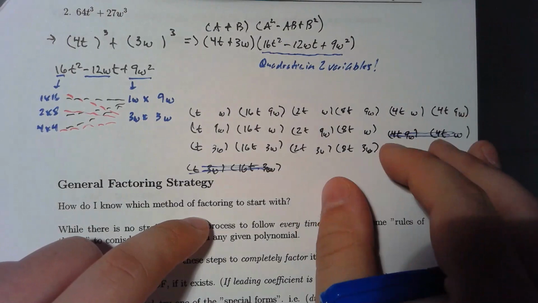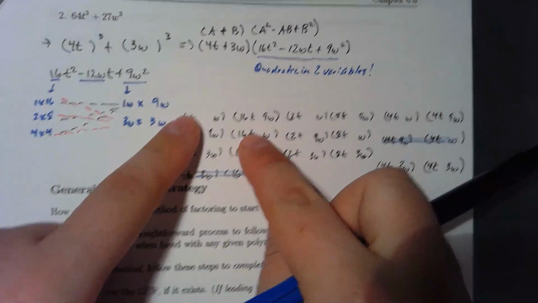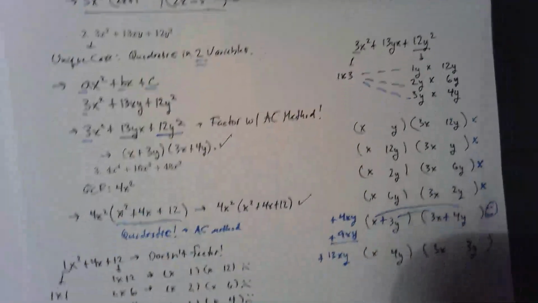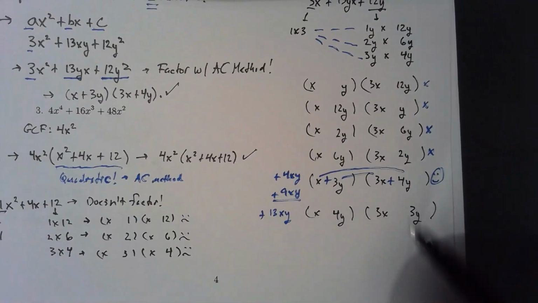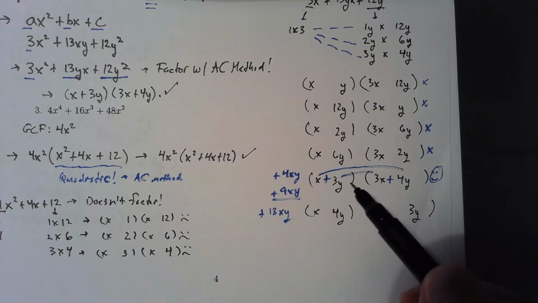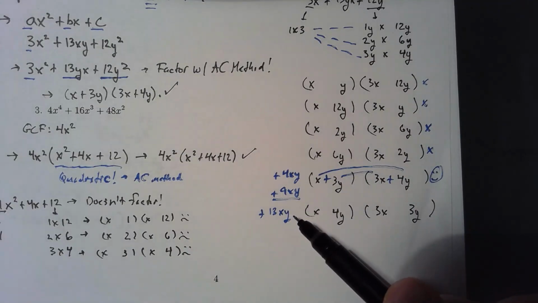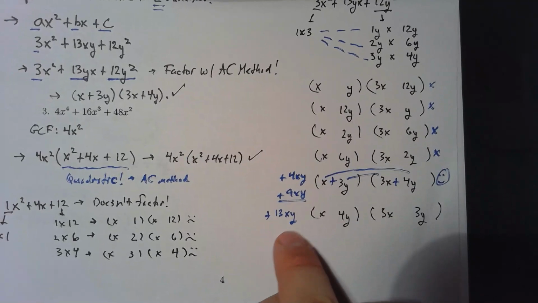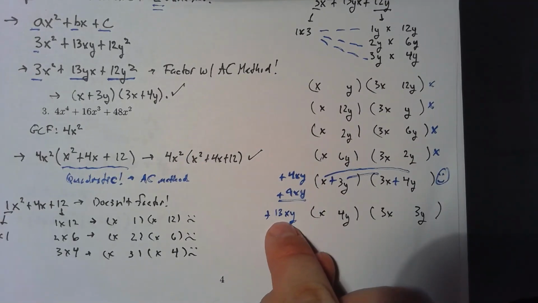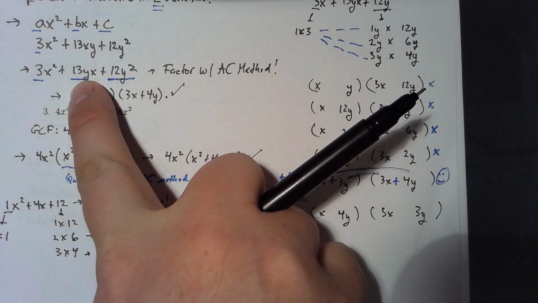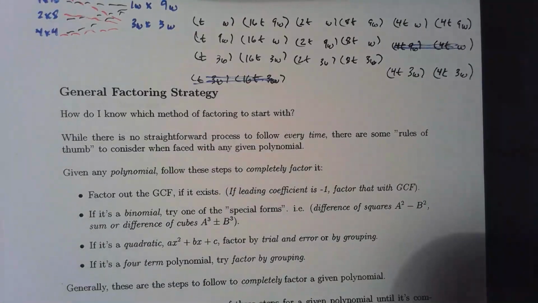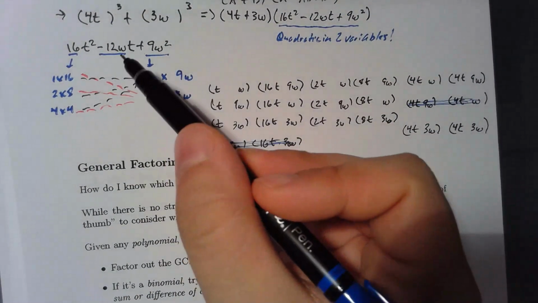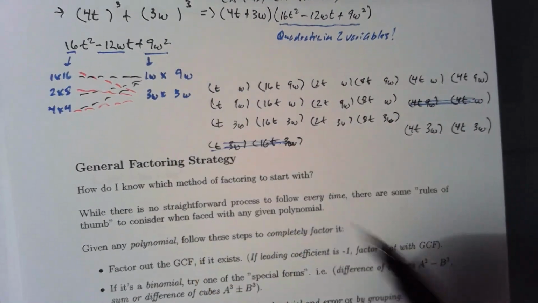And just to save time, if you check that, just like I did with the example in the previous section, if we go to the outside, inside, to get you the middle term, like when I did it here, this one gave me the middle term 13xy, which is what I needed. But if you go through that in each of these cases, none of them are going to give you negative 12wt.